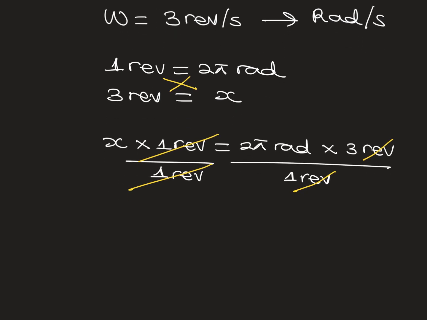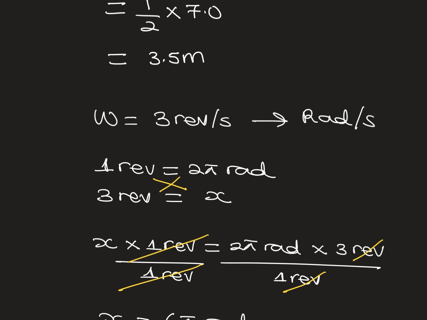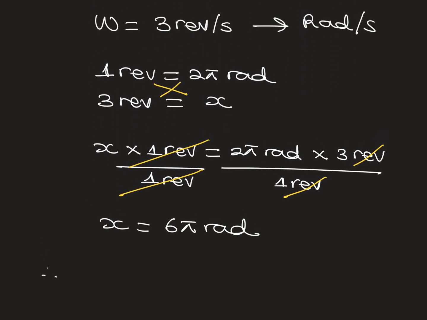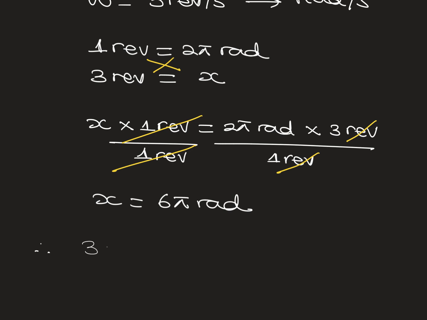So what do we have? x will be equal to 2 times 3 is 6. So that will be 6 pi radians. Okay. So since the time is in the same unit, we can therefore say 3 revolutions per second is equal to 6 pi radians per second.